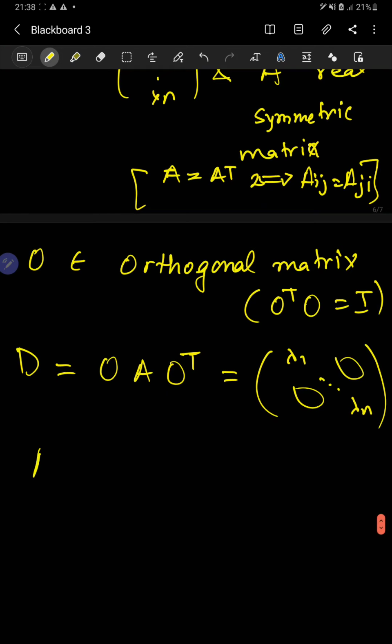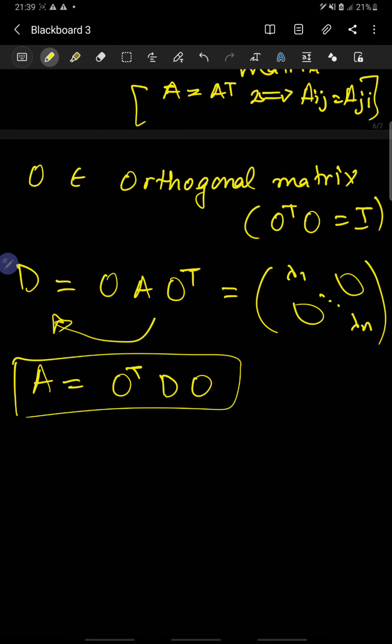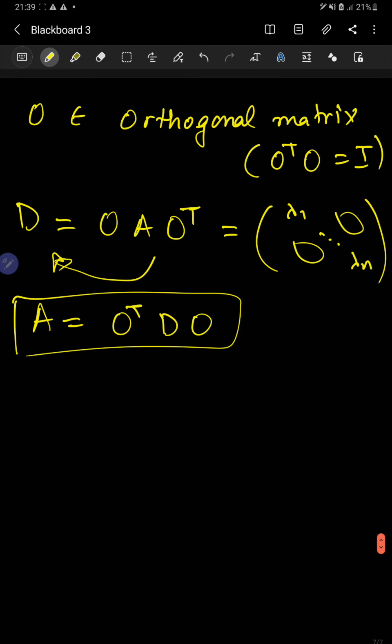So we can also write A like this, since it's an orthogonal matrix. Important thing to note, we're diagonalizing this because we can treat them in a manner similar to our single variable case. We'll see this in a bit.